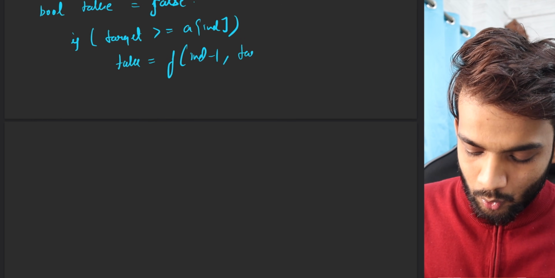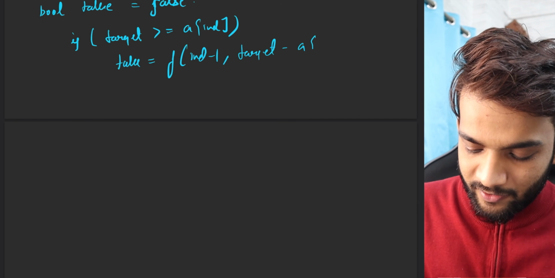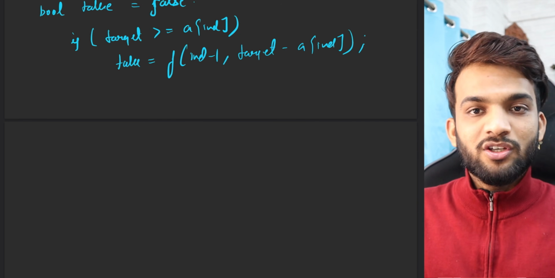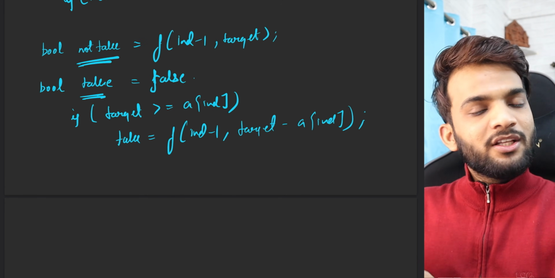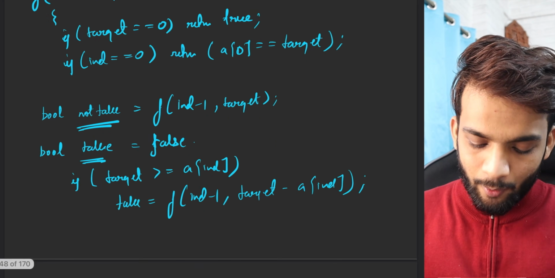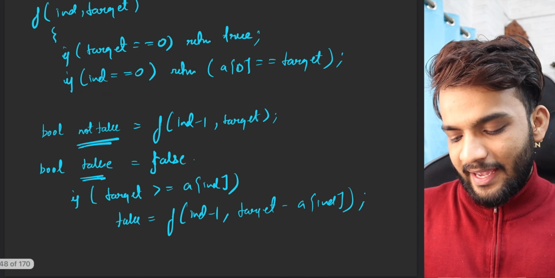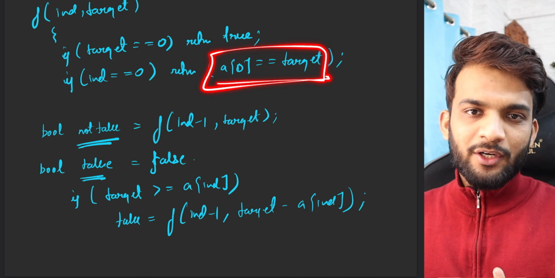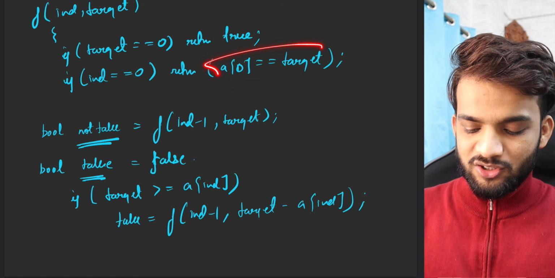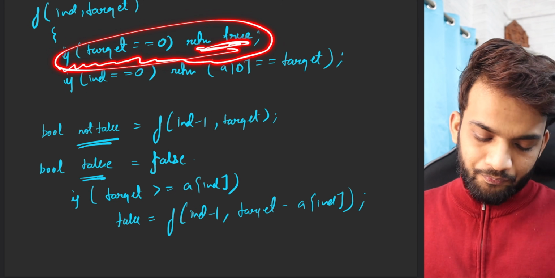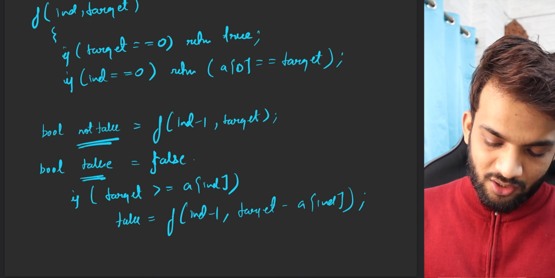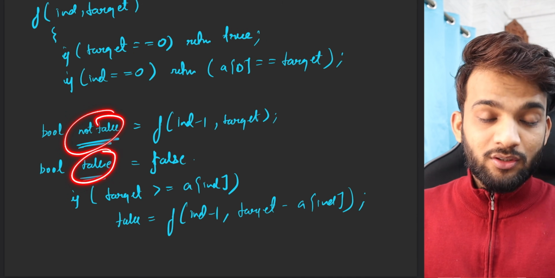And the target will go down by array of index because I've taken that into consideration. Now, either not take or take, I'll just keep on trying. And the moment it reaches 0, if I can have this as the target, it will return me true, or it will return me a false. Or if at any moment the target is achieved, it will return me true. So there were two choices. One was the take, the other one was the not take.